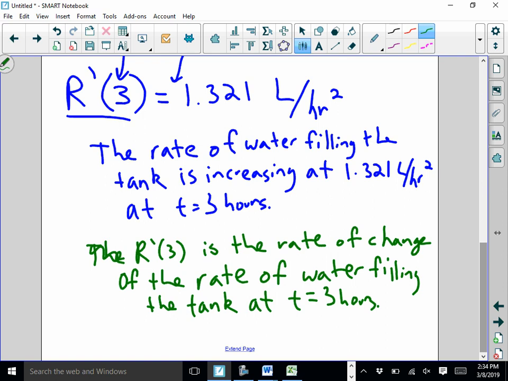So a derivative is a rate of change, but r was already a rate of change. That's why our units there are liters per hour squared. It's a rate of change of a rate of change. Okay, next.